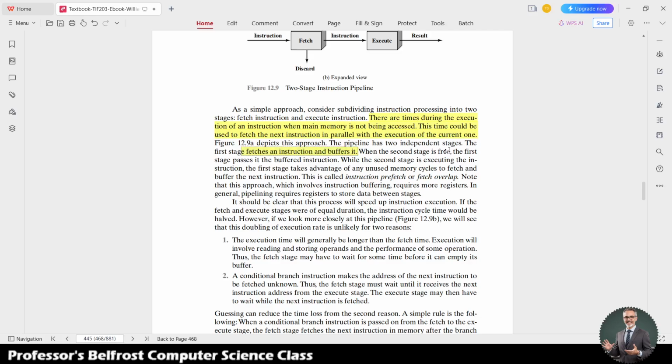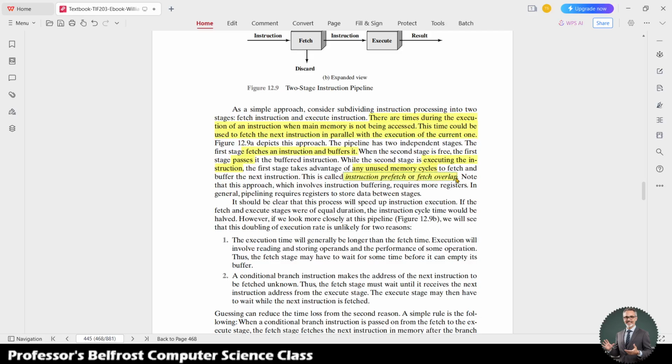When the second stage is free, the first stage passes it the buffered instruction. While the second stage is executing the instruction, the first stage takes advantage of any unused memory cycles to fetch and buffer the next instruction. This is called instruction prefetch or fetch overlap.